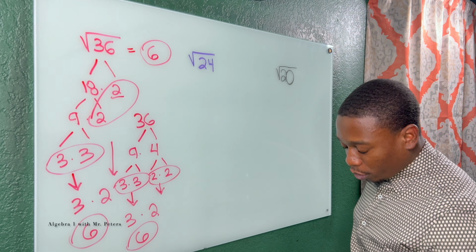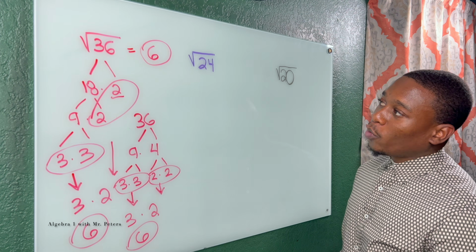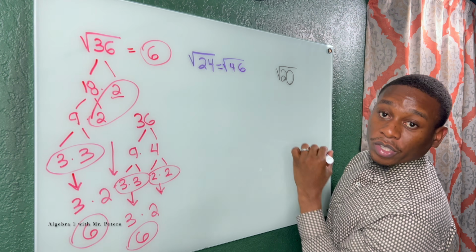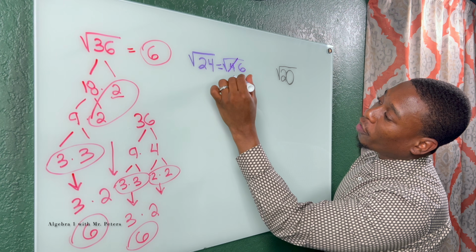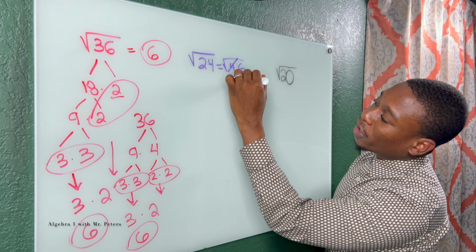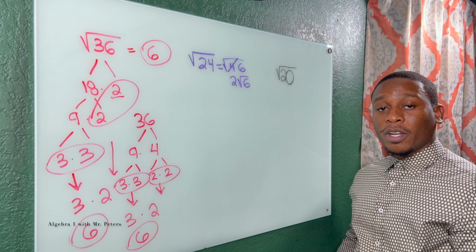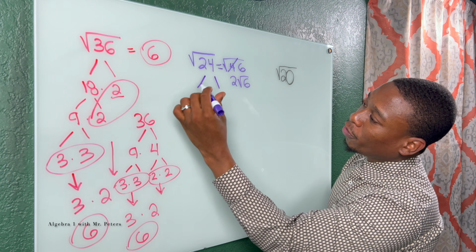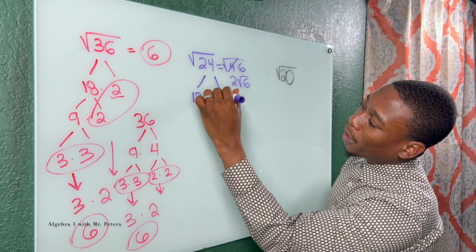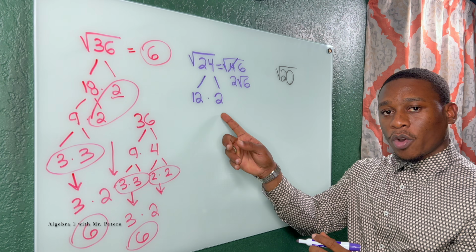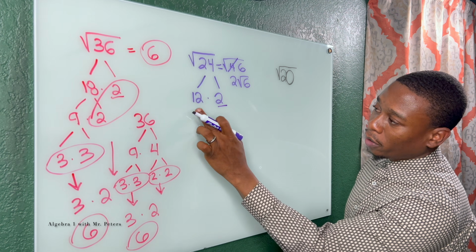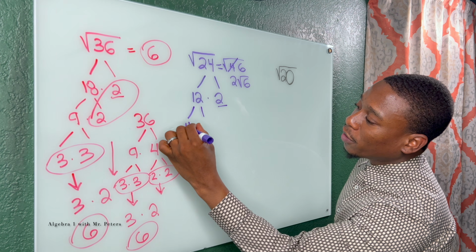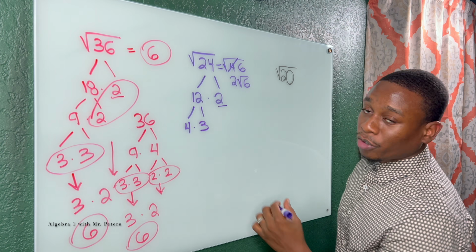Now, in example number 2, let's say we didn't go straight to radical 4 times radical 6, and simplify our perfect square to get 2 radical 6. If we use the same method of a prime factorization tree, we could use these two factors, 12 times 2. Right here, we notice that we can't break down 2 anymore, so we're going to focus on 12. We break down 12 as 4 times 3.